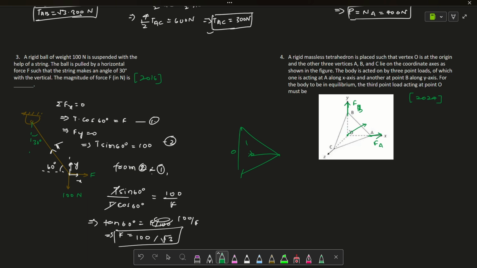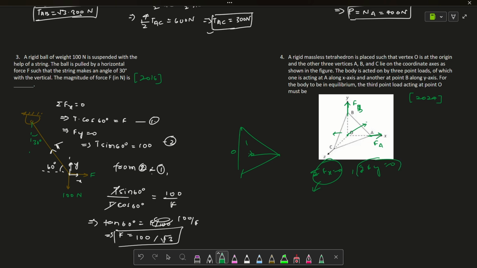It should not be along y or along x, because ultimately we need Fx equal to 0 and Fy equal to 0. If it acts along x, say equal to Fy but in opposite sense, the summation in x direction is 0 but not in y direction, so the body would not be in equilibrium.